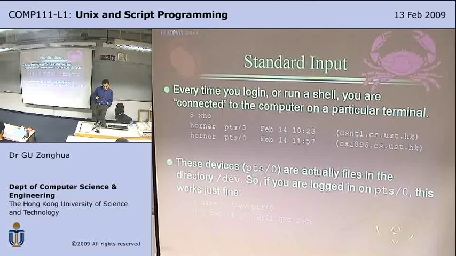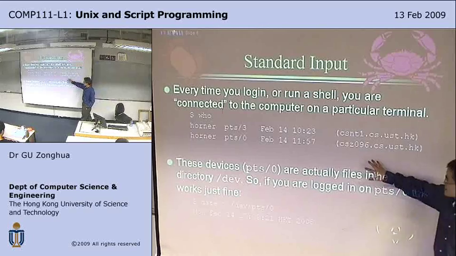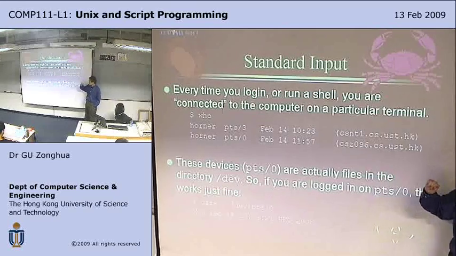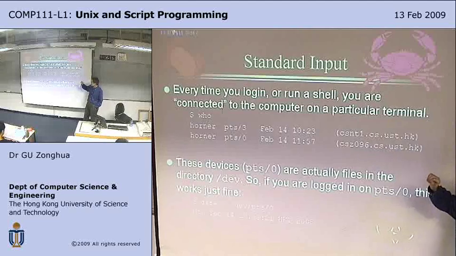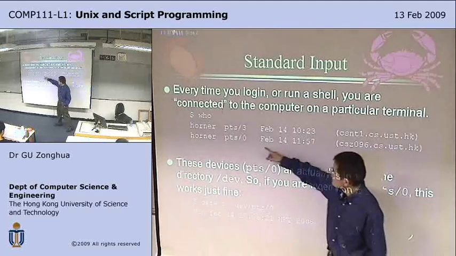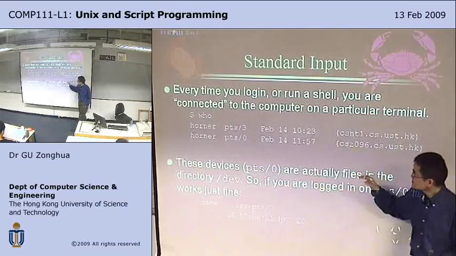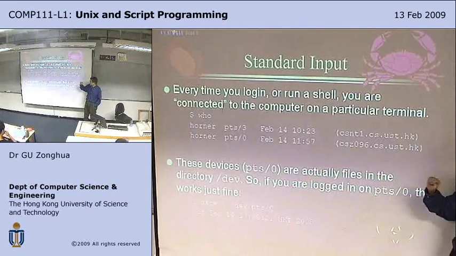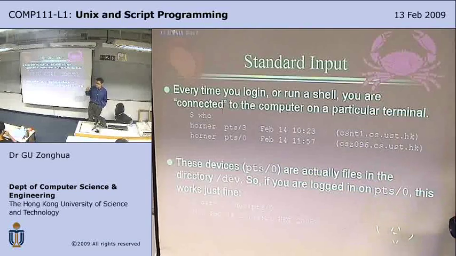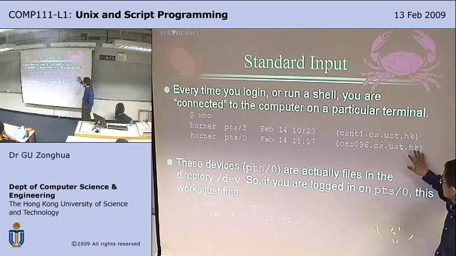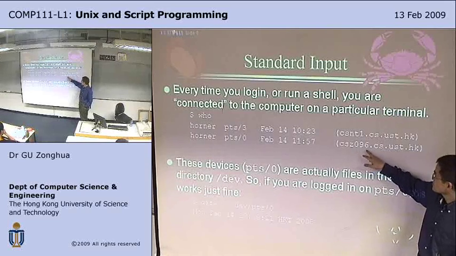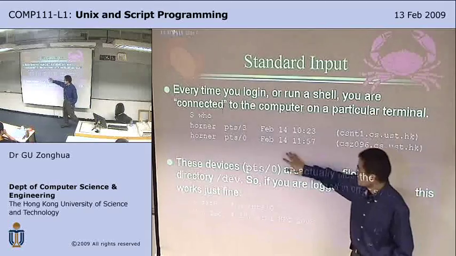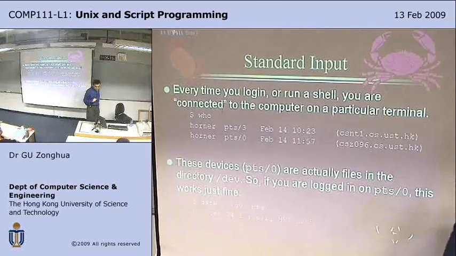Suppose Horner is the user connected from this machine CSNT1 on this terminal, PTS/3. PTS, I think, stands for plain terminal service. It's an old terminology. Or another connection from CSC 096 to the other terminal, PTS/0.